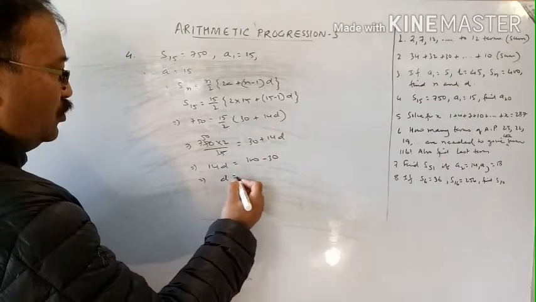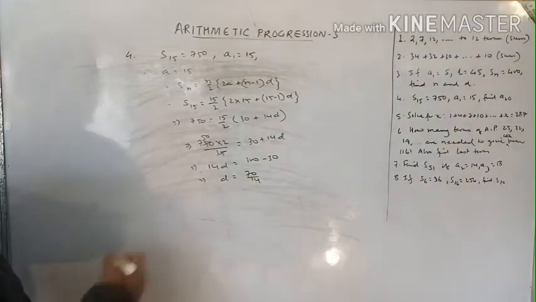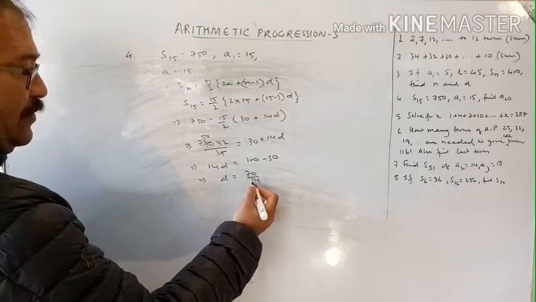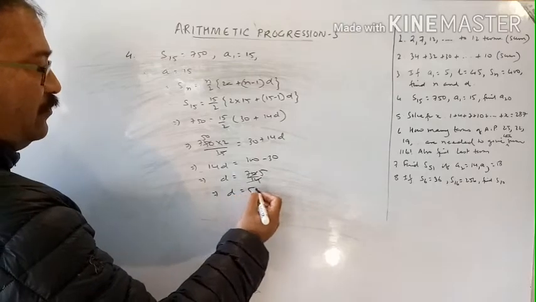This implies d is equal to 100 minus 30 is 70 by 14. When we divide here, 7 fives are 35, it will go 5 times. This implies d is equal to 5.